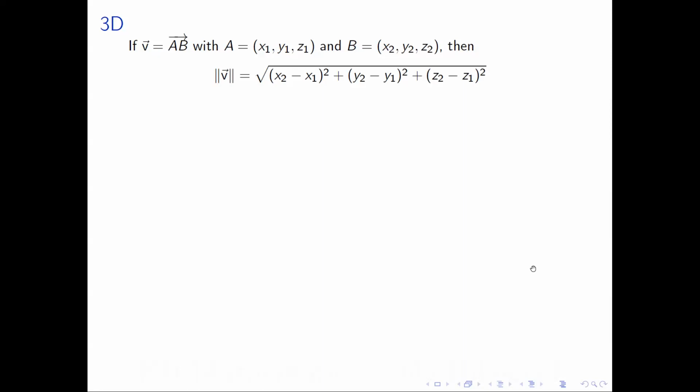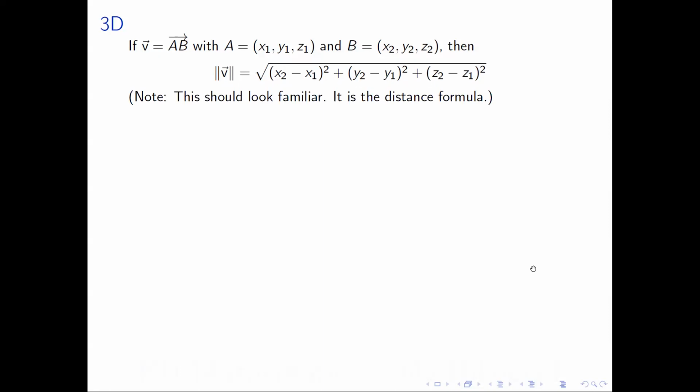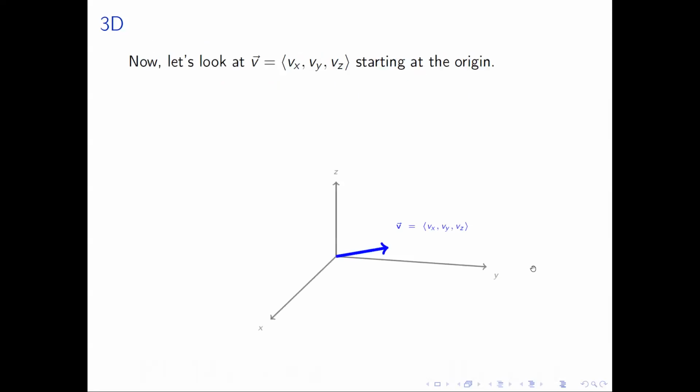Therefore, you have to find the difference between the components, then take them to power 2. So the magnitude of V is going to be square root of (x2 minus x1) to power 2 plus (y2 minus y1) to power 2 plus (z2 minus z1) to power 2, square root closed. This should look familiar. This is, again, the distance formula.